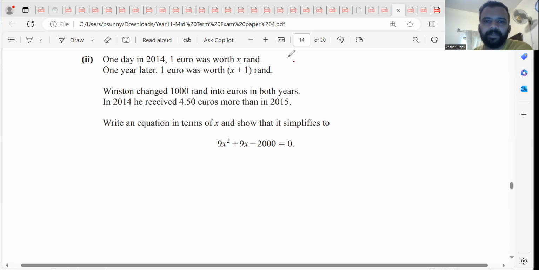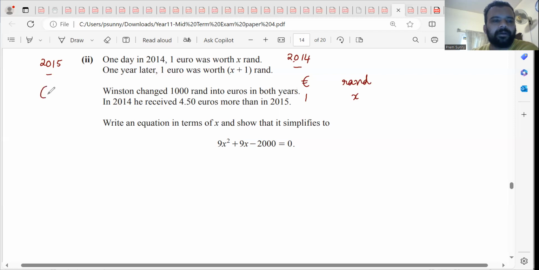So let's start with 2014. The quantities here are euro and rand. In 2014, 1 euro is worth X rand. And now what happens in 2015? 1 year later means it is 2015.